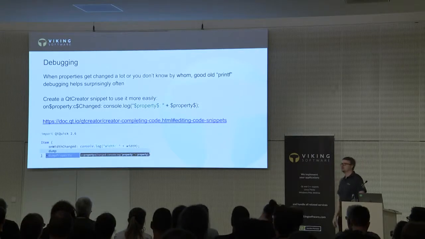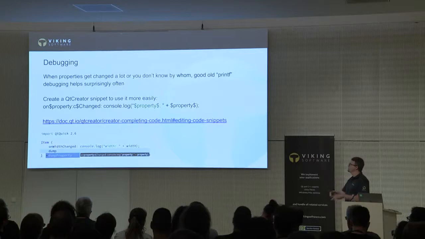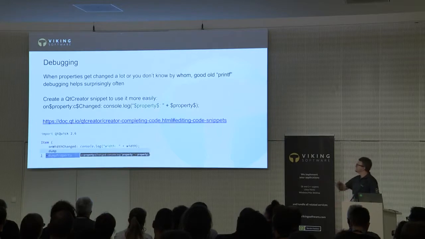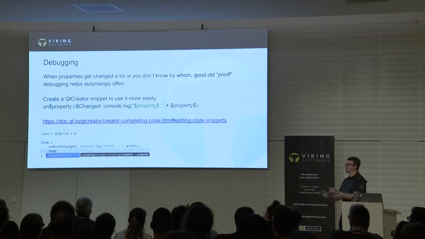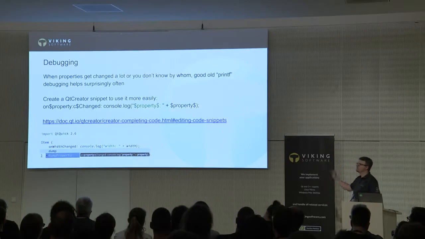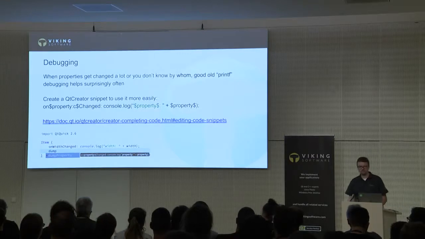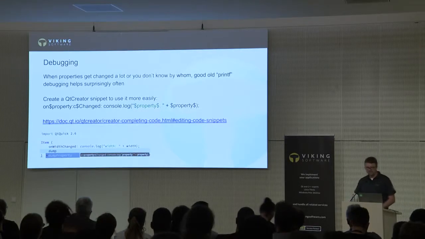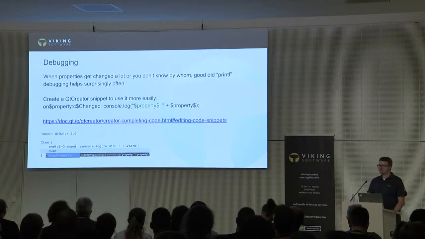And in Qt Creator, all I need to do is write dump, and then it suggests me dump property. I hit enter, I write the name of the property, and it does all the rest. So simply writing dump, enter, with, enter, and I have this printf debugging. That's pretty handy, at least if you do a lot of printf debugging as I do. I'm old school, yeah.